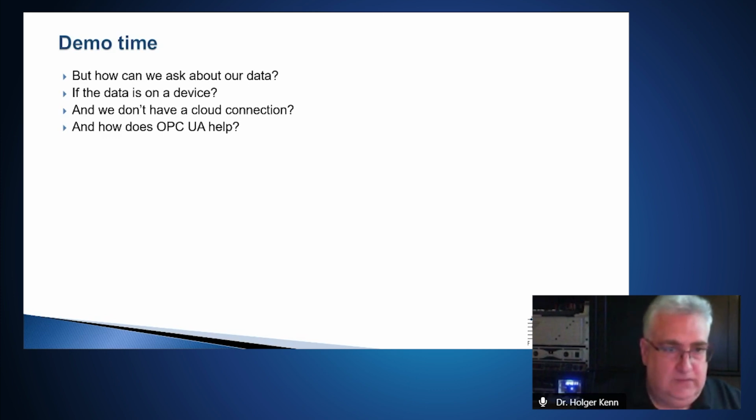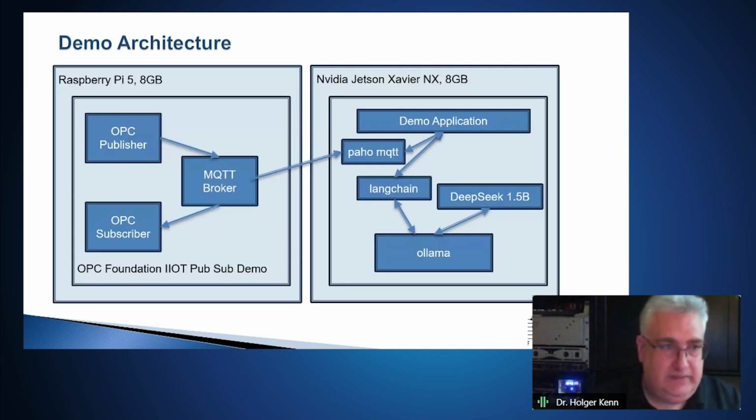So some of you may have seen my talk at Hanover Fair. So I've changed the setup a little bit here in actually using two devices. So I've split this into a simulated OPC world. I'm running this on a Raspberry Pi. And that's basically the OPC Foundation IIoT PubSub demo that I've just downloaded and just run locally.